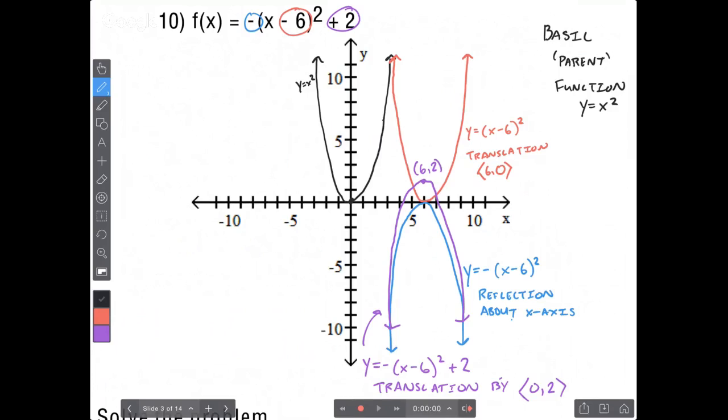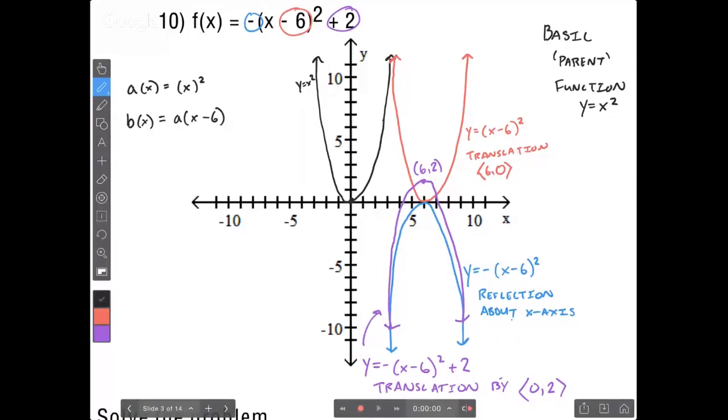Kind of additional understanding that I'd like us to see here. I'd like us to be able to decompose these into multiple functions. That was something we practiced. So I'd like you to know that if you had a basic parent function, I'm going to call it a of x equal to x squared, then the first transformation would happen when we did b of x equals a of x minus 6.